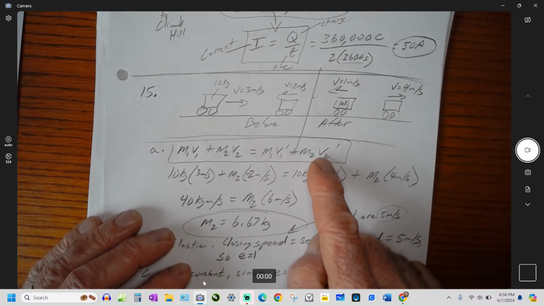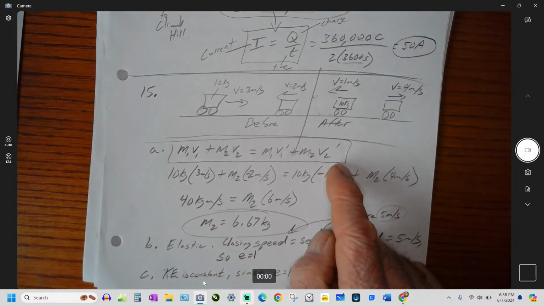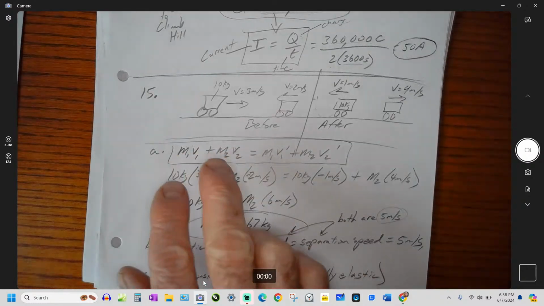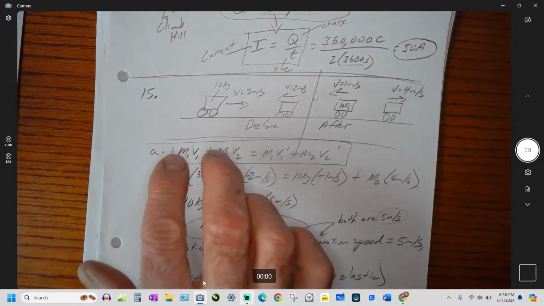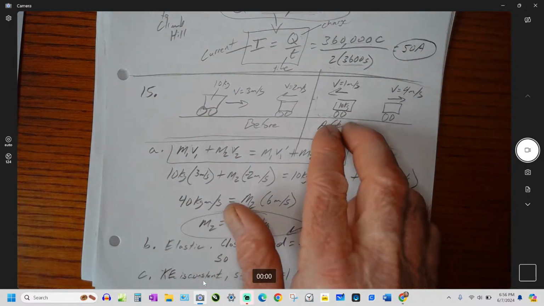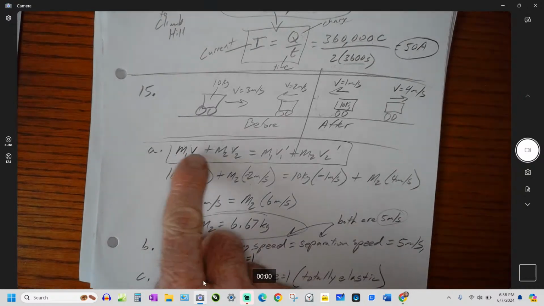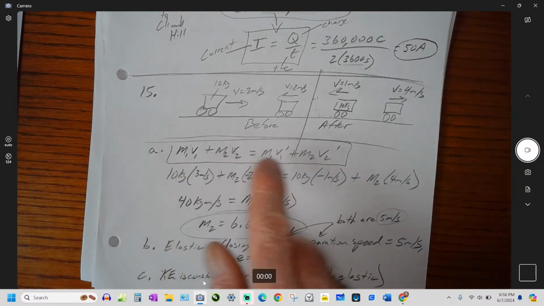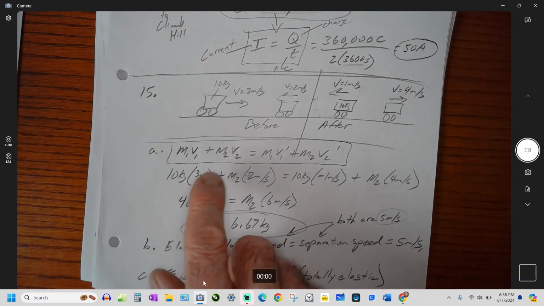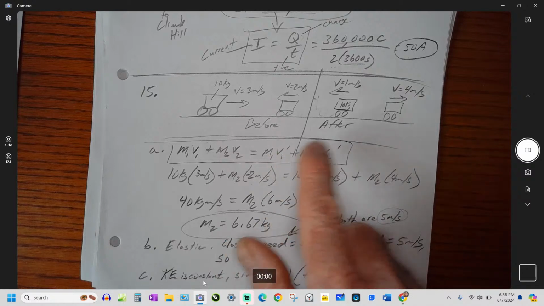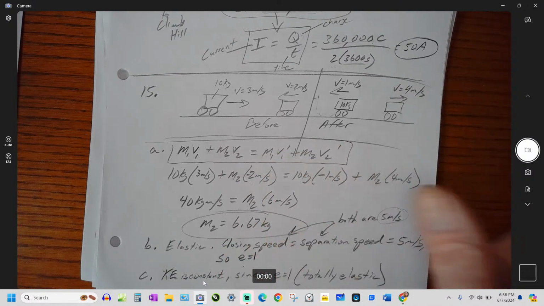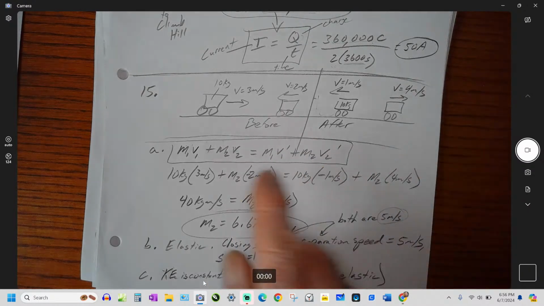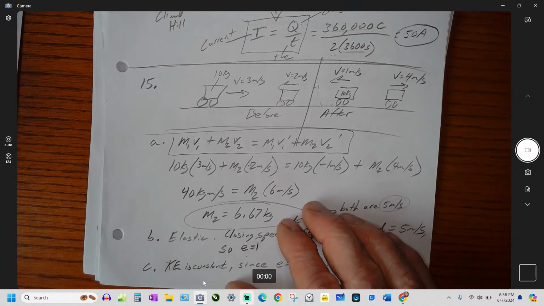This is the law of conservation of momentum. The total momentum before the collision equals the total momentum after the collision. And this is how you get the total momentum before and after. The little primes there stand for after. And the mass isn't changing, so I didn't put any primes on there.